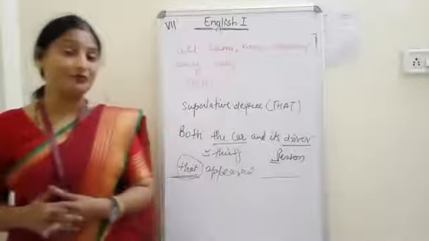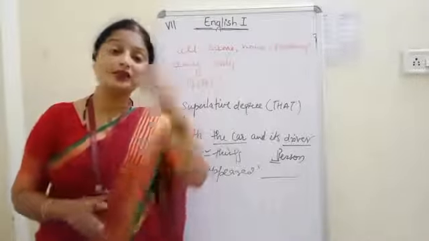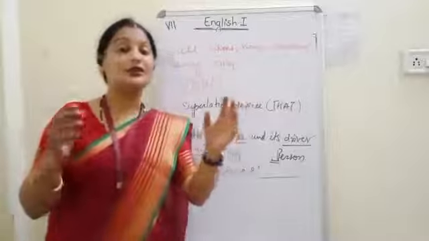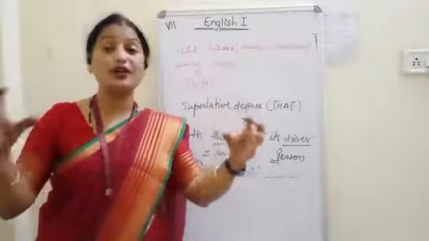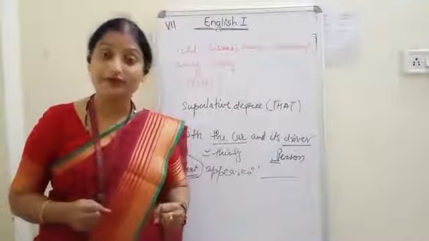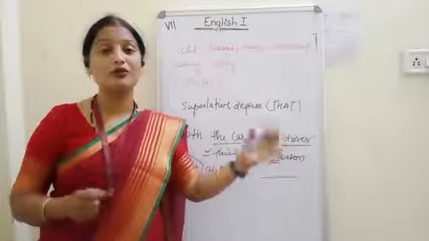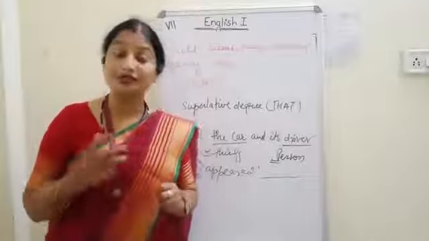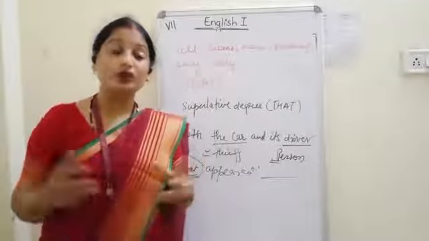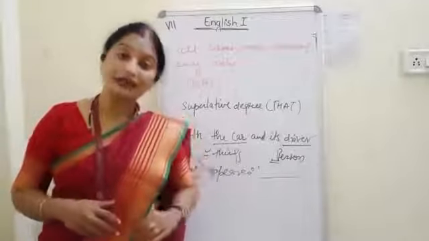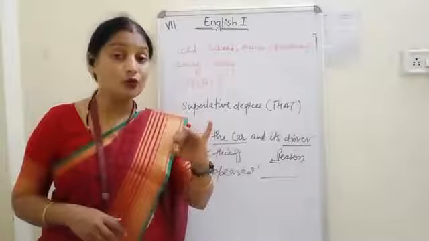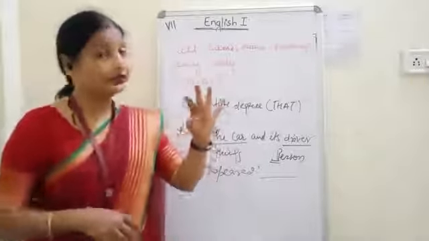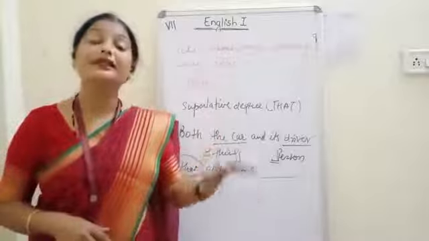Once again, let me revise. The meaning of the relative pronoun is the word which is used to join the two nouns together. And out of the two nouns, the previous one is called the antecedent. Now, what are the words that can be used to join the two sentences? The words can be who, whom, whose, that, which, and what.